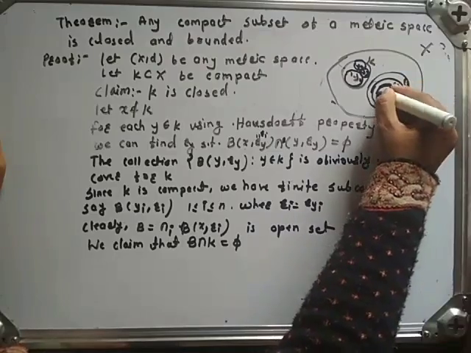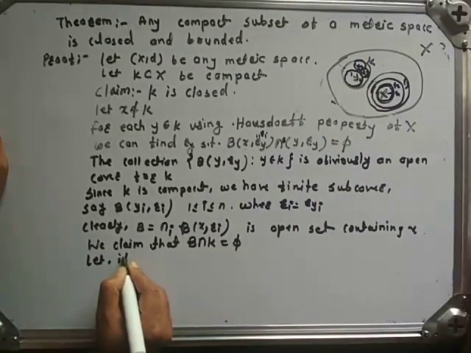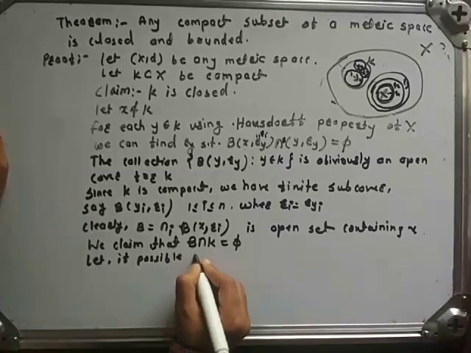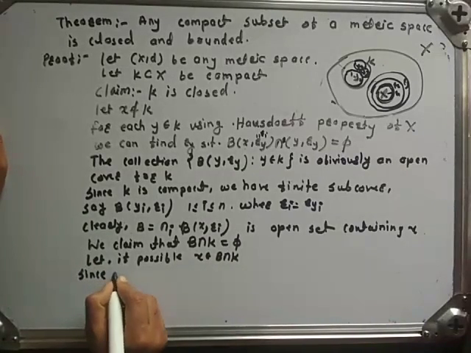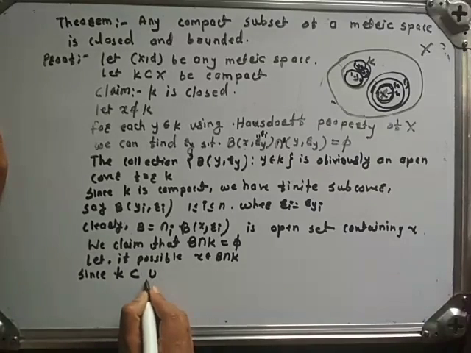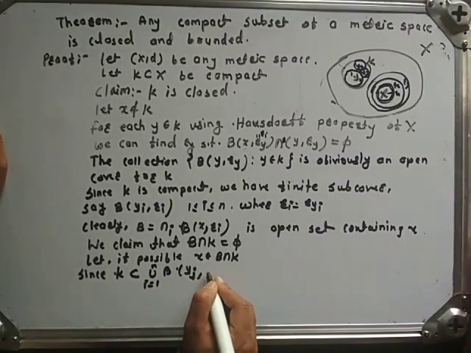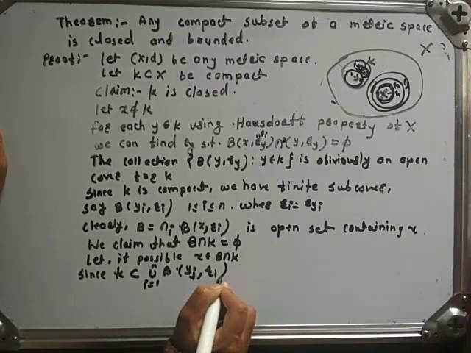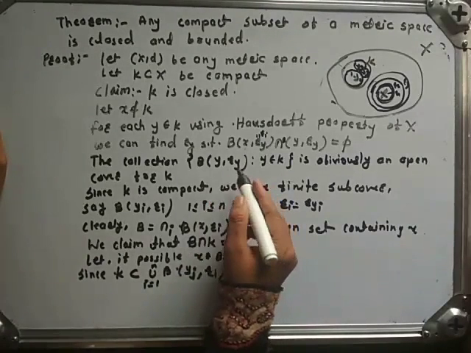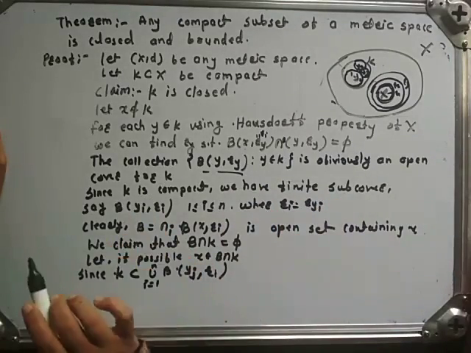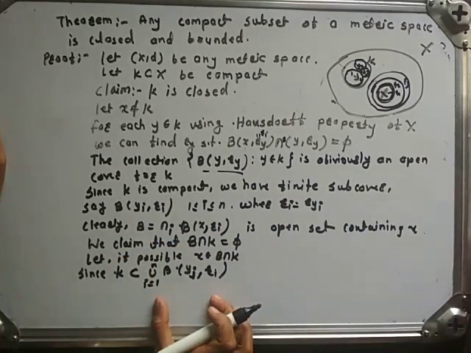Now this is our B, and our claim is B intersection K is empty. Let, if possible, x belong to B intersection K. Since K is a subset of the union, i runs from 1 to n, of B of yi comma Ri, because this is an open cover for K and K is compact, so this open cover has a finite subcover.